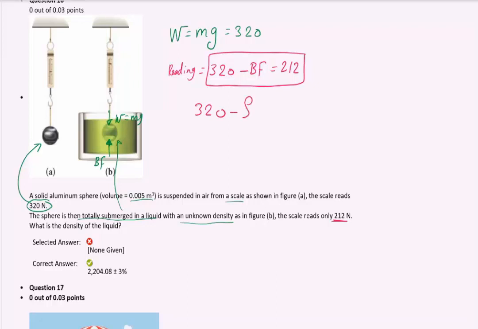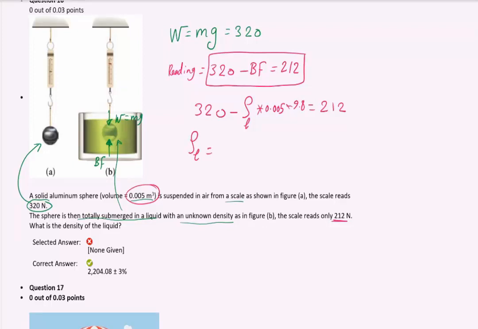The density of the liquid times the submerged volume, which is given as 0.005, times gravity, which is 9.8, equals 212. So I will substitute the submerged volume 0.005.